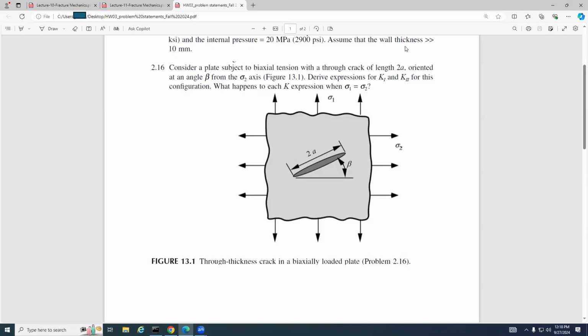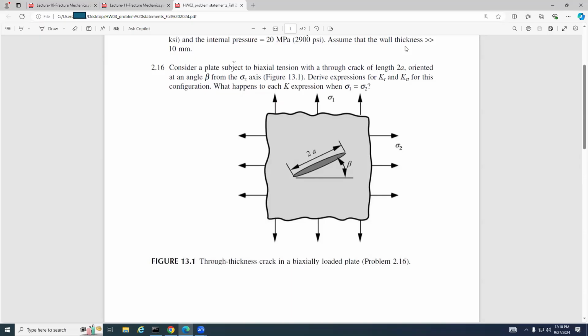I think that's 0. When beta equals 0, you have sigma 2. But when beta equals 0, this crack is parallel to sigma 2.